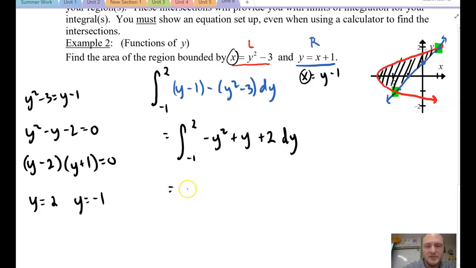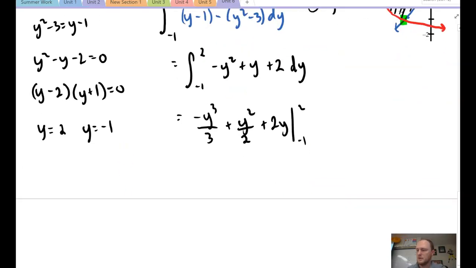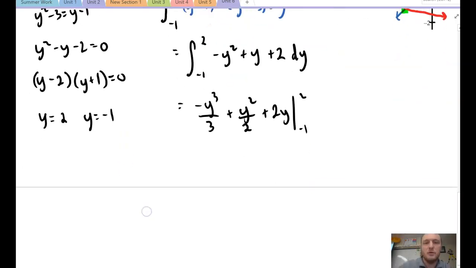So this becomes negative y cubed over 3 plus y squared over 2 plus 2y evaluated from negative 1 to 2.